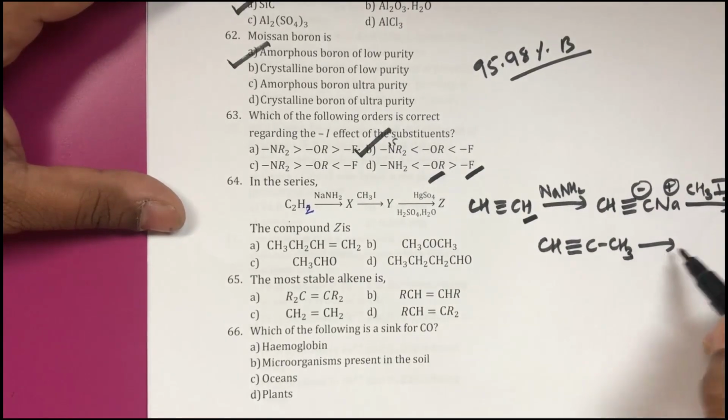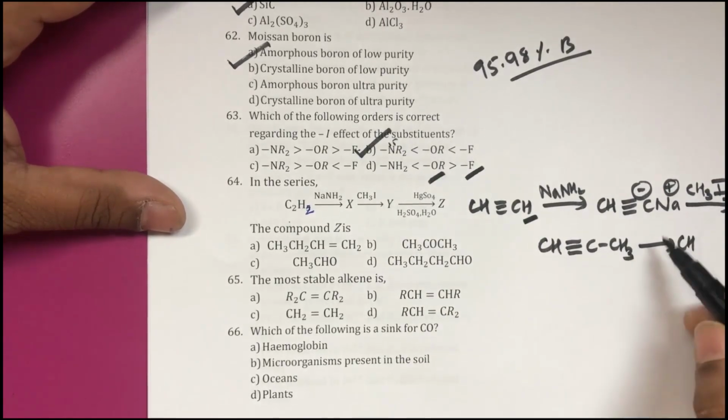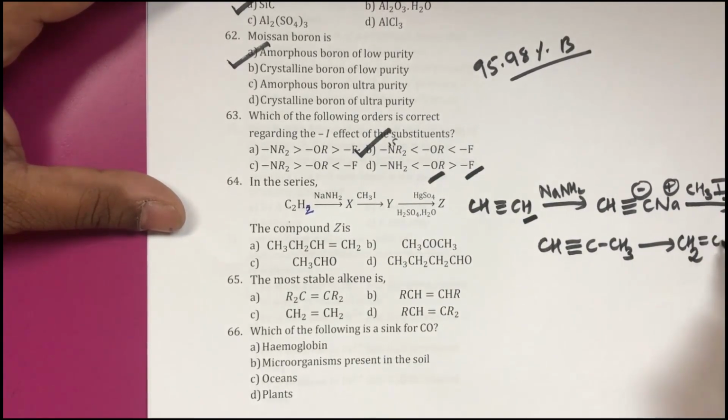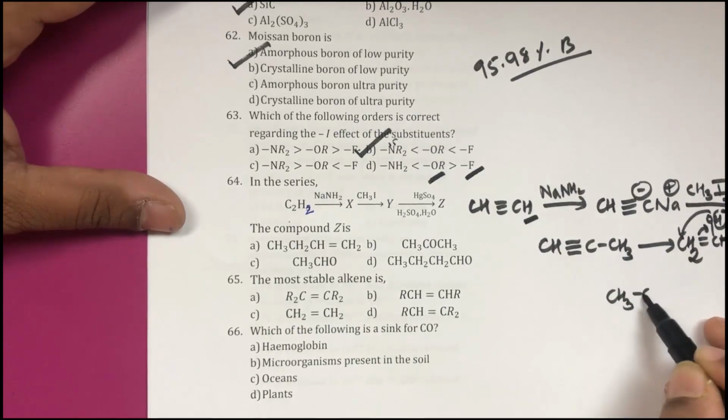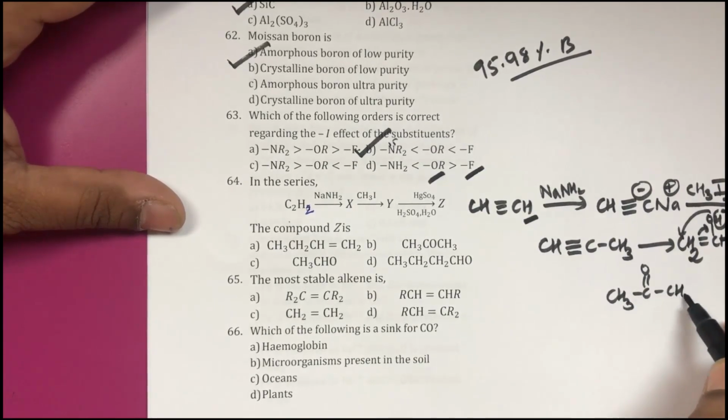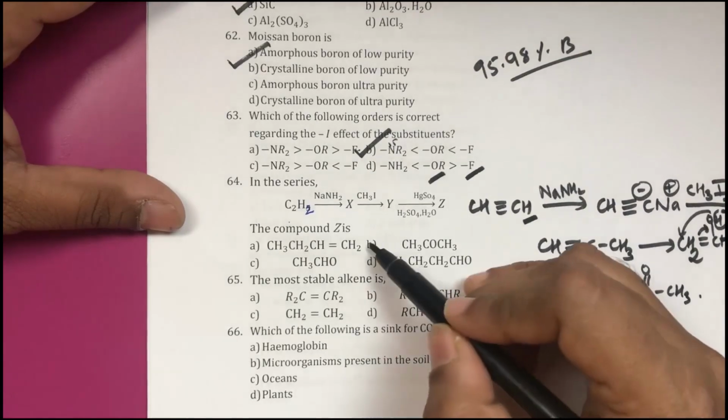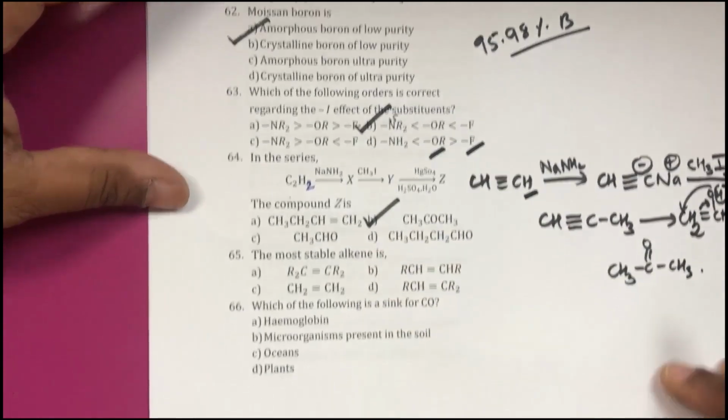When hydrolysis takes place, it will give us formation of CH2 double bond C(OH)CH3. Tautomerism will take place, the proton will be transferred here, the double bond will be shifted here. So I'll get CH3, C double bond O, CH3. So we'll get formation of acetone, hence option B.